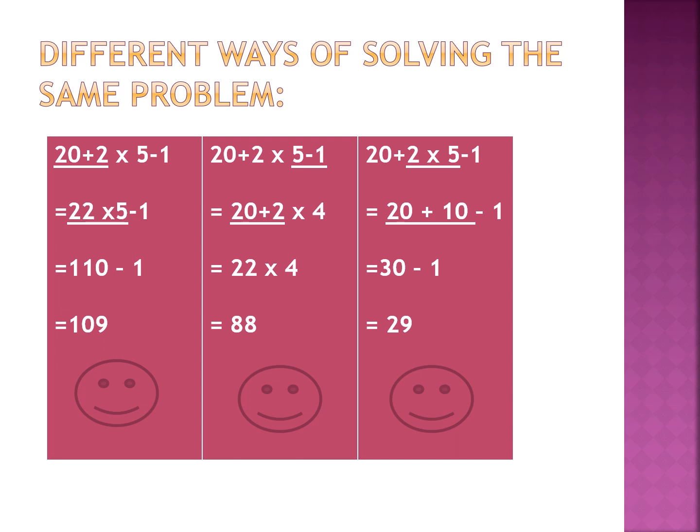Because they did not follow any rule. They just started with the thing that came into their mind. If the student liked addition, he did addition first of all. Another student liked subtraction, he did subtraction first of all. Another student liked multiplication, so he did multiplication first of all. Now if I give this question to a fourth student, he will get a fourth different answer.